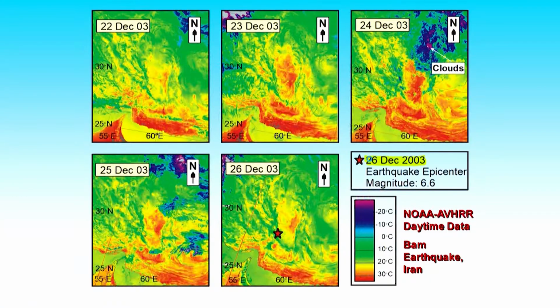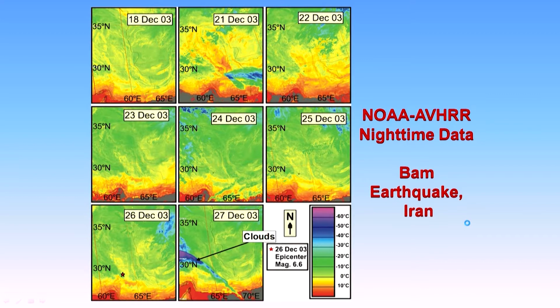Nonetheless, a very important observation is that there is a systematic rise in temperature which reaches the peak before the earthquake, 2 days, 3 days in different cases, and then things start becoming normal and the earthquake occurs. So, this is one example. This was the daytime data from our own satellite earth station, and for the same earthquake we also employed the nighttime data.